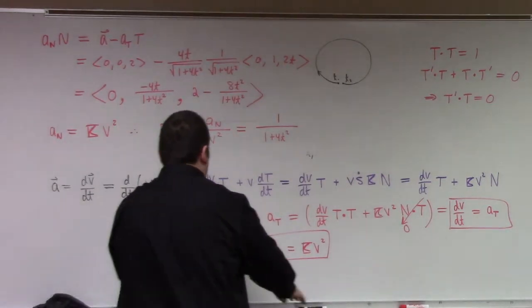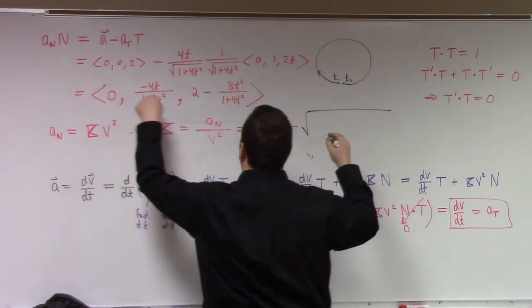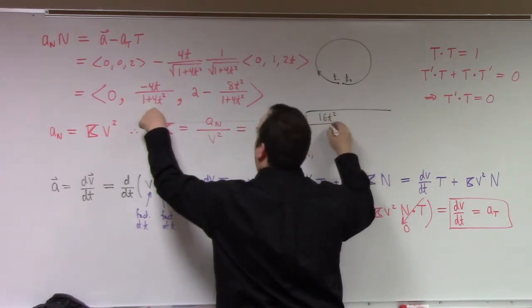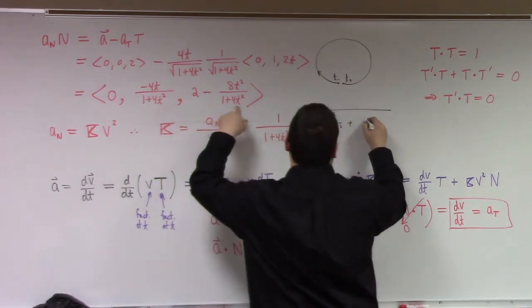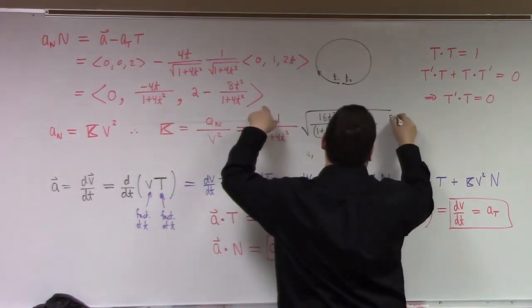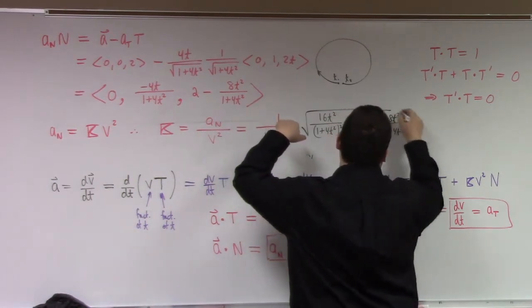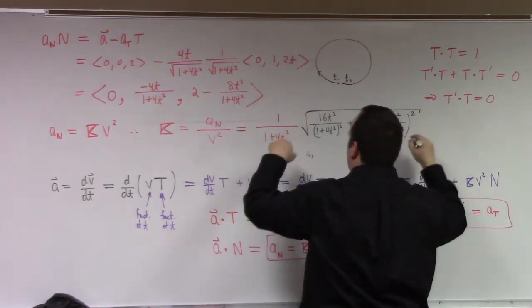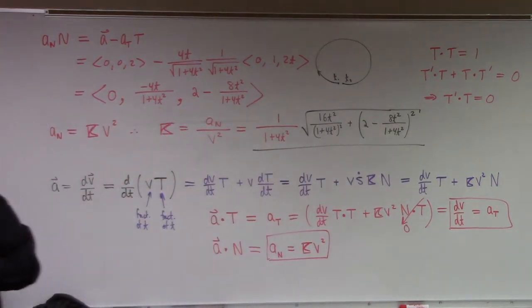We can calculate it as the square root of this squared, 16t squared divided by 1 plus 4t squared, plus the other term. I won't even try to simplify it, but you could. But there you go. There is the curvature at time t for this curve.